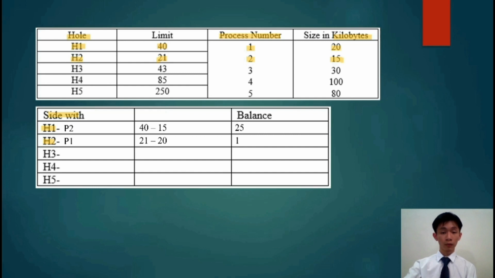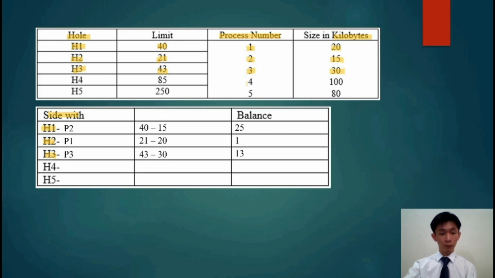The next is P3, 13. The best fit with P3 is hole 3, right, with 43. So hole 3 is with P3. The calculation is 43 minus 13, and we get 30.